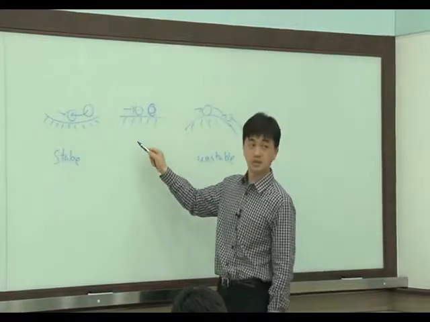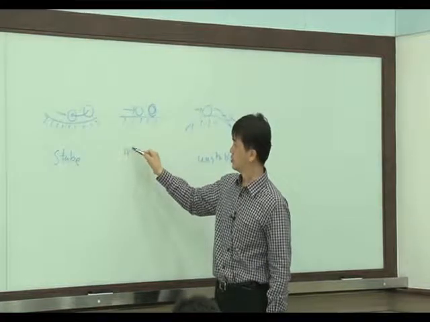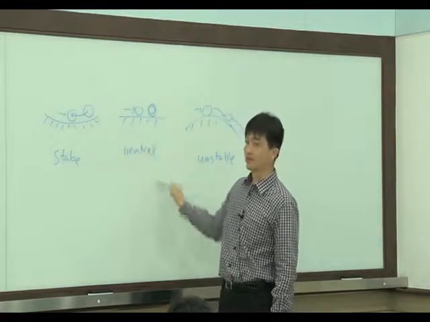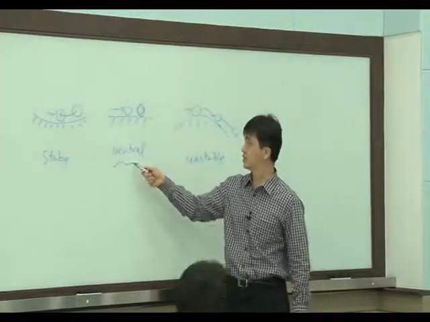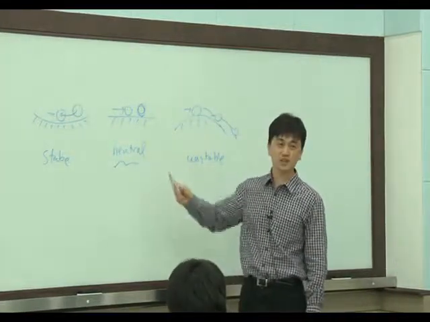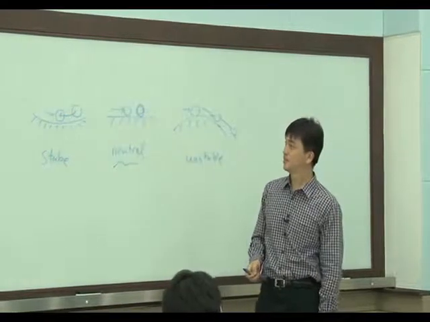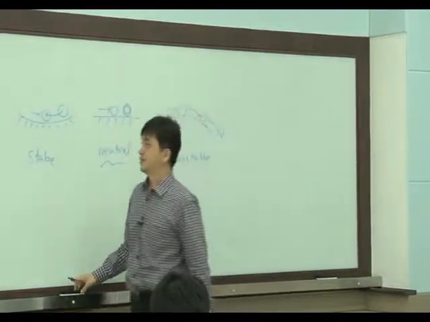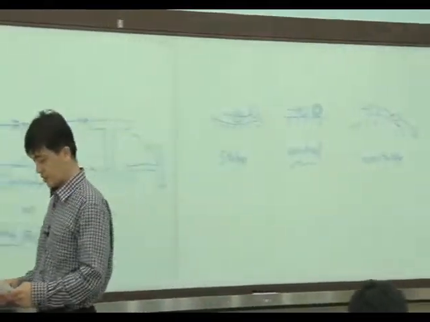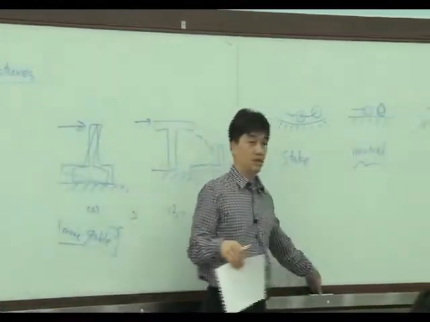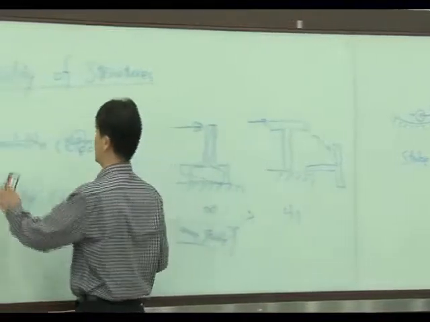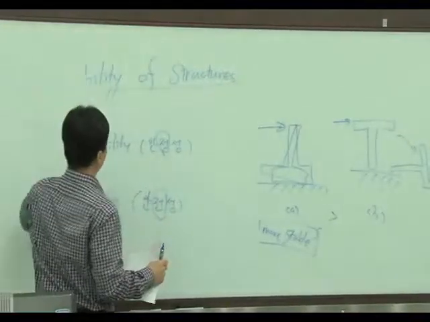And this case is neutral. A neutral case. This neutral case is really ideal. Okay, this is the concept, and I'm going to give you the concept of stability of structure with an example.